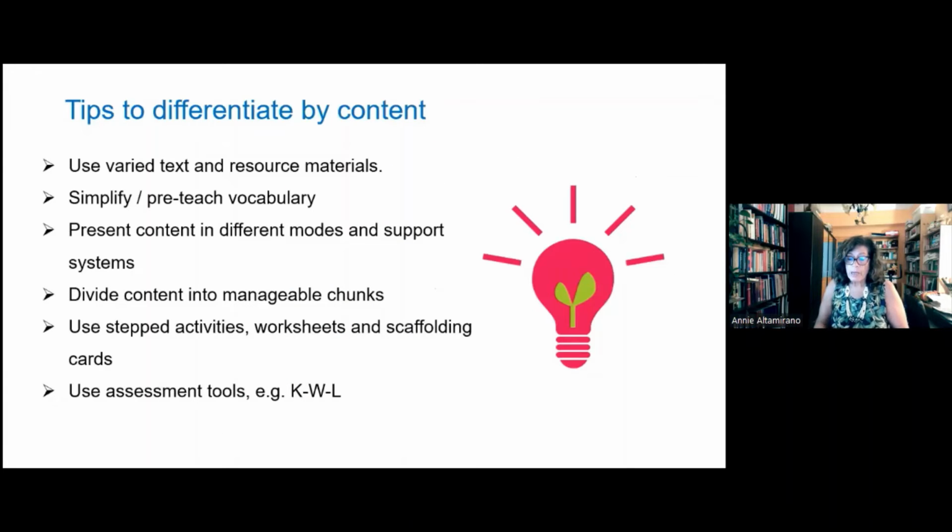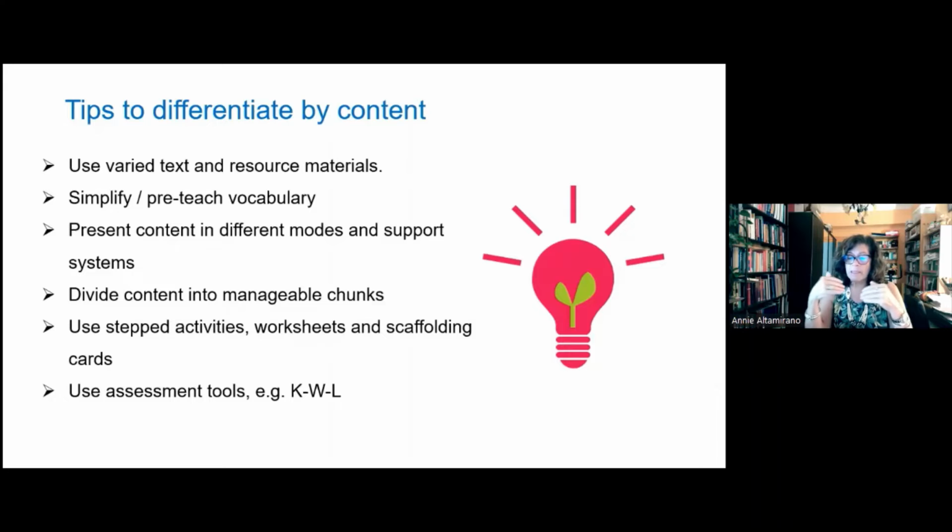So I would suggest that we need to use varied texts and combining different texts with a variety of supplementary materials. This increases the chances of reaching more students. Giving different learners different resources at different levels of complexity towards, and this is very important, the same learning outcome.